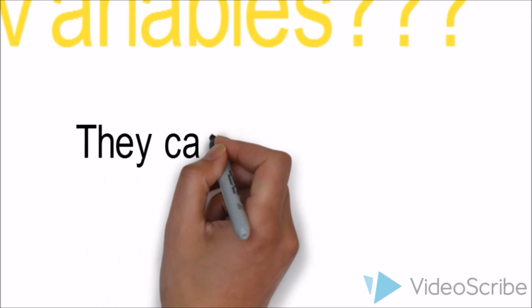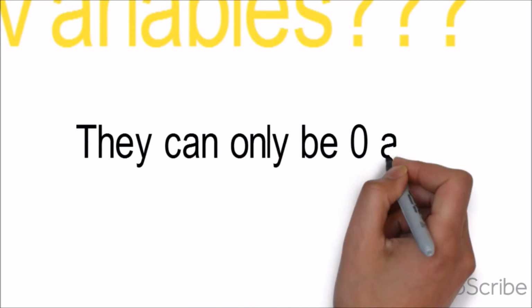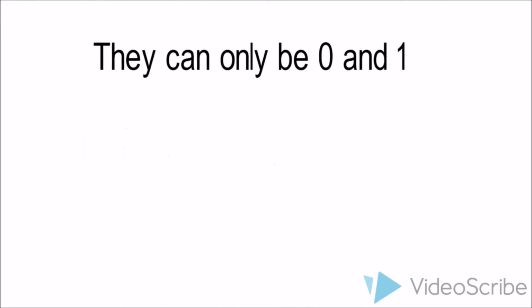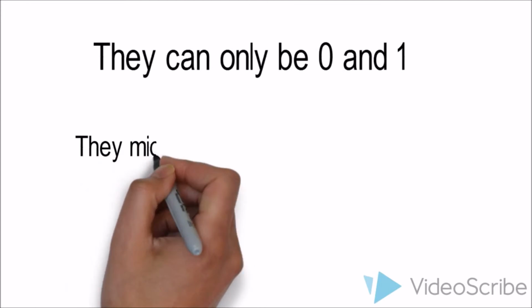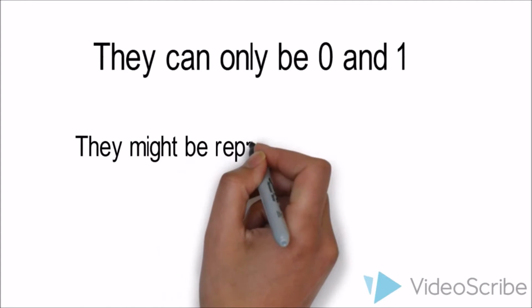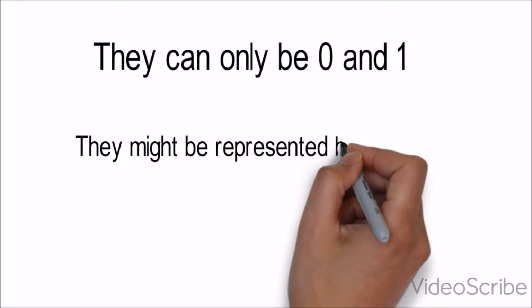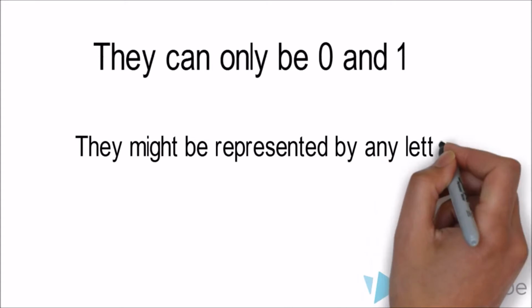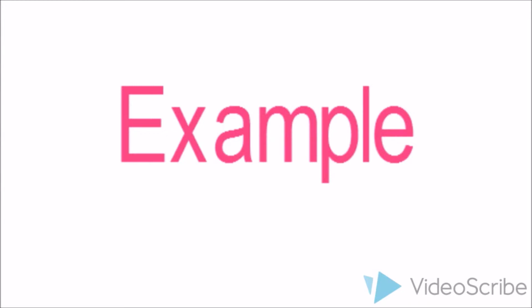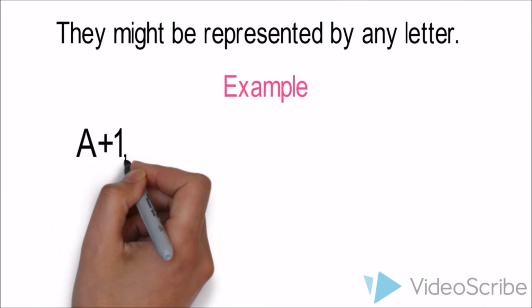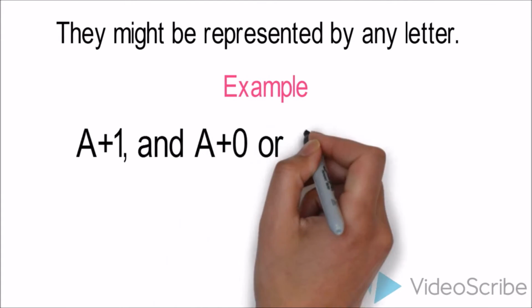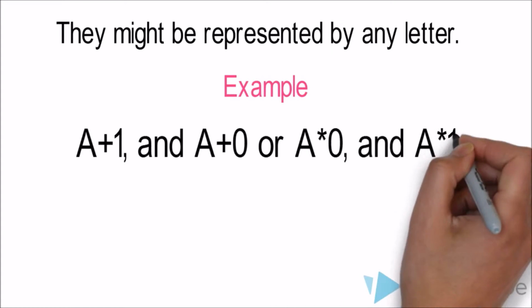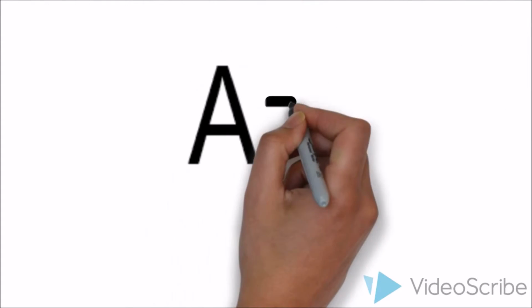But what happens when we add some variables? Well, they can only be zeros and ones because they are Boolean. And as in the ordinary algebra, they might be represented by any letter. So let's see some examples. Let's say that we want to add a plus 1 or multiply a times 0.